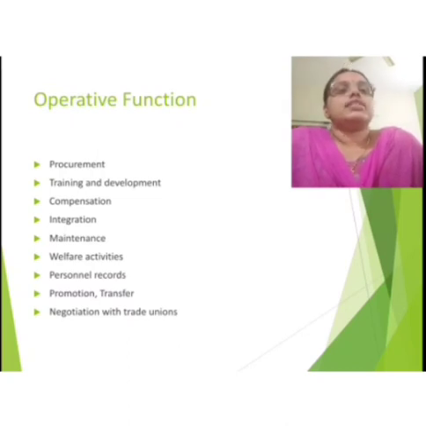The next is promotion, transfer and termination. The personnel department should also assist the management to design suitable promotion and transfer policies in the organization.